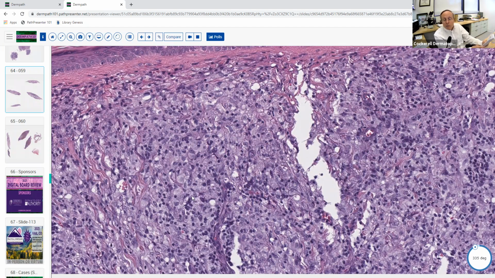A Gram stain, which stains bacteria, no, that wouldn't stain this. An acid-fast stain, yes, that would be the right answer, because all of these foamy cells are so foamy because they're Virchow cells, named after Professor Virchow, who recognized these cells as being associated with leprosy.